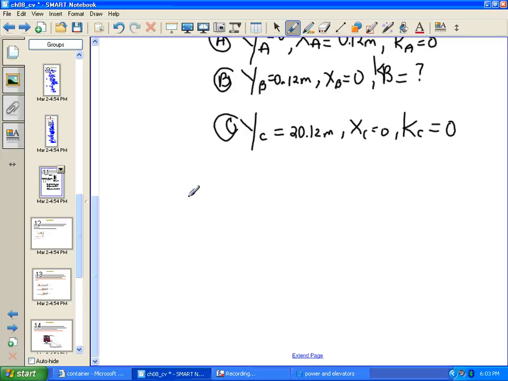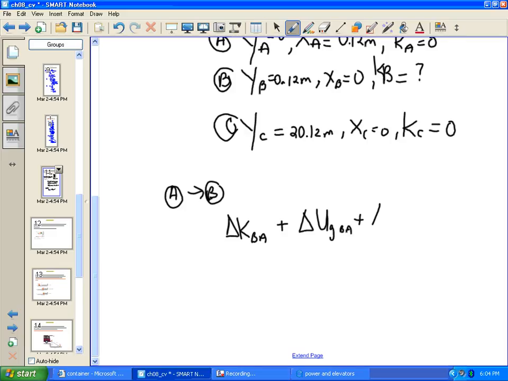Well, let's look at the differences between A and B. So from A to B, this is what we have. All right. We've got a delta K_BA plus a delta U_G,BA plus a delta U_S,BA, S for spring, no non-conservative forces, so that gives us 0.